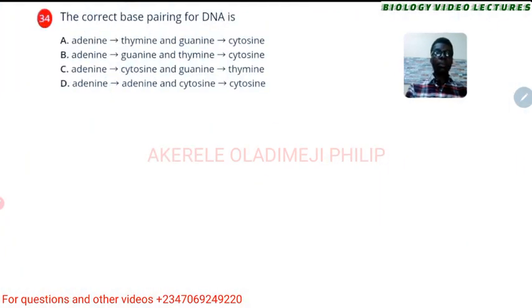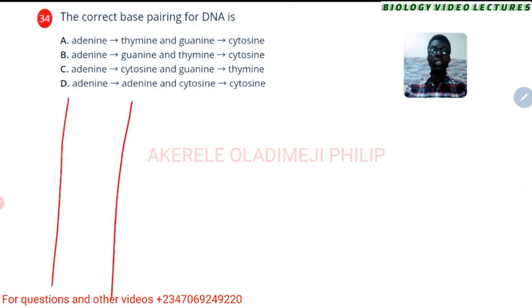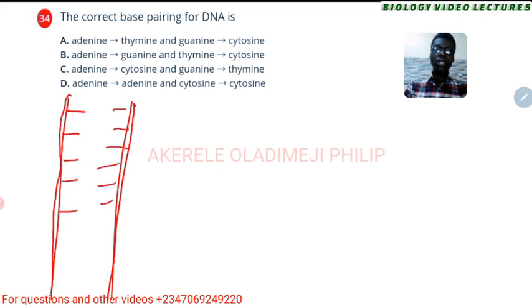Now, the correct base pairing for DNA is, okay, this is a DNA strand. I'm drawing the two strands like that. So these are the backbones, which are made up of phosphates and deoxyribose sugar. Then in between, you have something called nitrogenous bases, which are grouped into purines or pyrimidines.